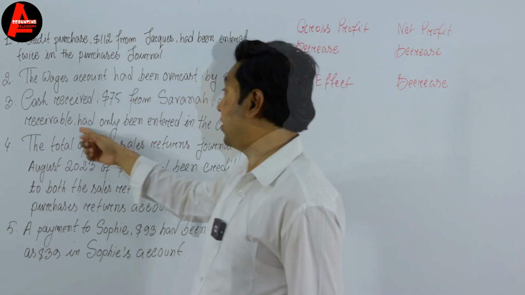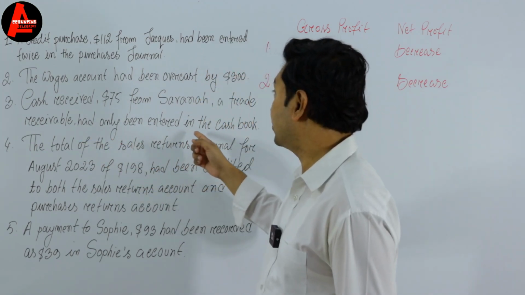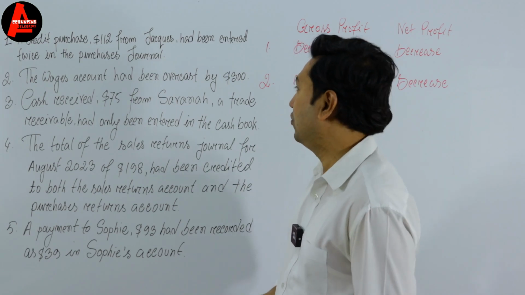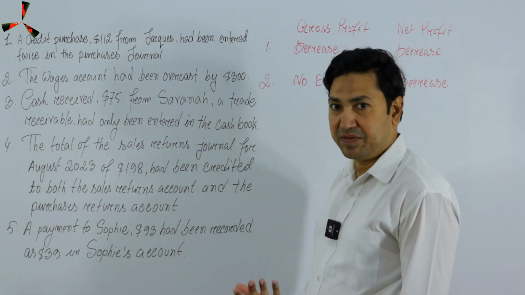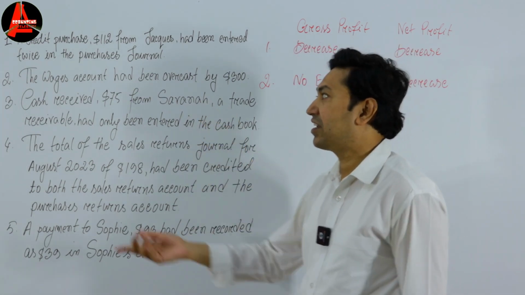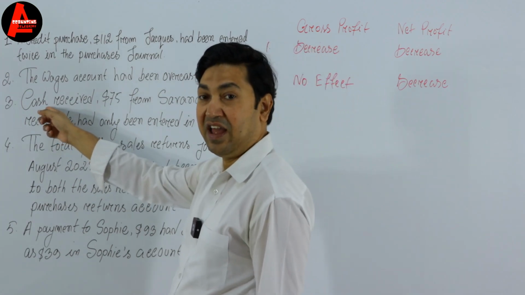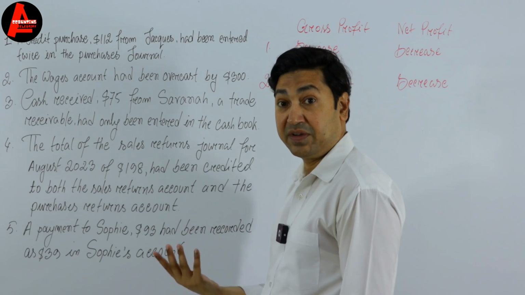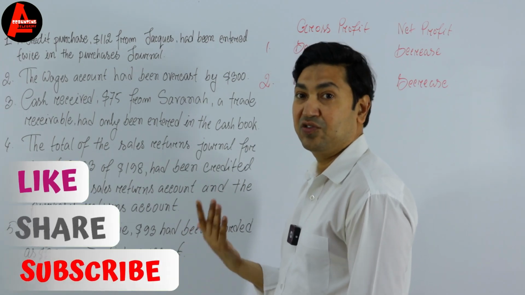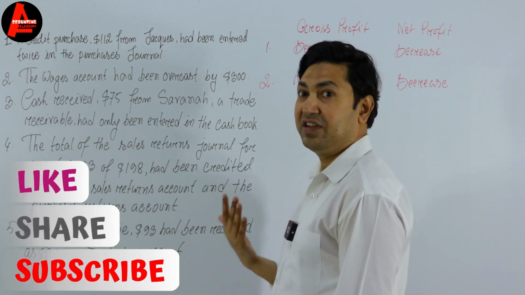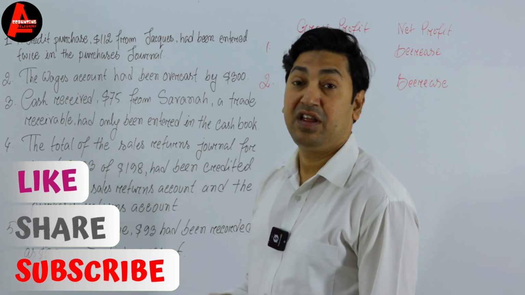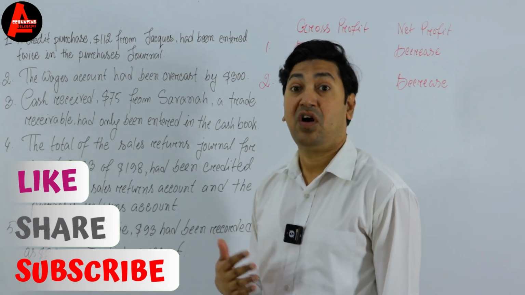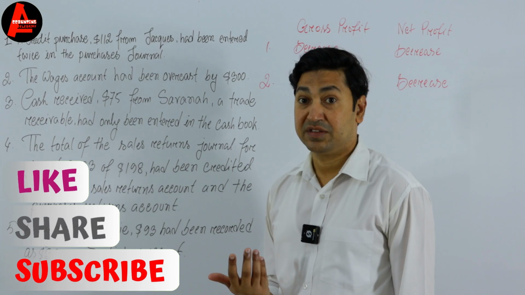Cash received $75 from Savanah, a trade receivable, had only been entered in the cash book. So Savanah is a trade receivable, yeah? It is an asset. Cash is also an asset, yeah? So here we receive from Savanah. Cash will be debited and Savanah will be credited. In the income statement, we take only nominal accounts, yeah? Meaning all expenses and incomes.